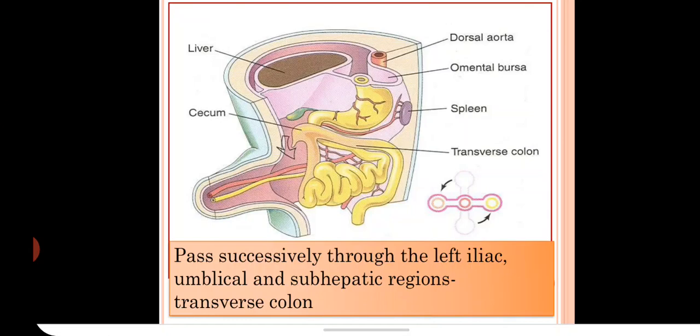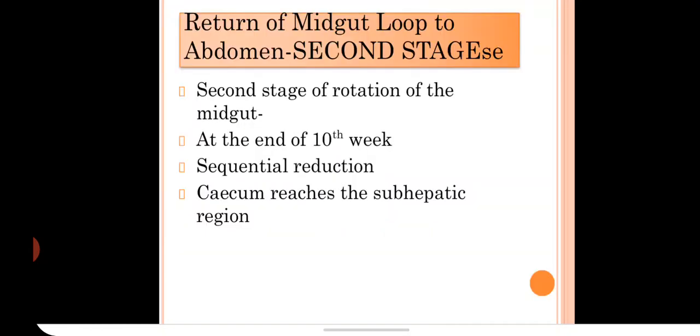So this cecum has undergone a total of 270-degree rotation anti-clockwise. So this is the second stage of rotation of the midgut. At the end of the 10th week, it happens.